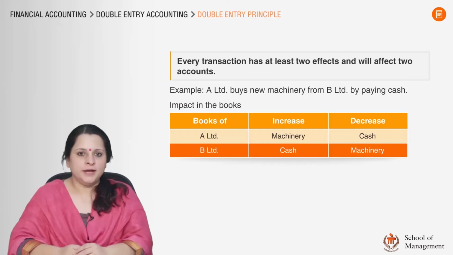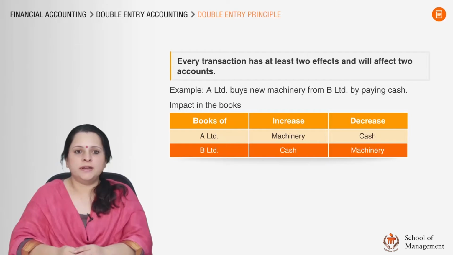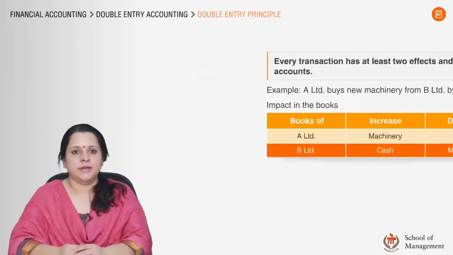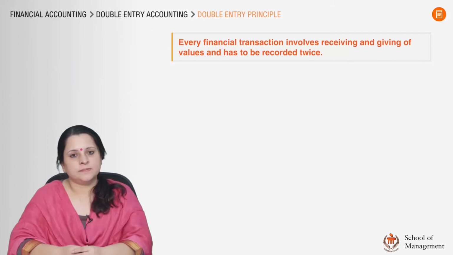B Limited, on the other hand, will see a decline in the value of machinery owned by it and a corresponding increase in the cash balance as it receives money from A Limited. Hence, every financial transaction involves simultaneous receiving and giving of some monetary value and will impact at least two accounts in the books of accounts.